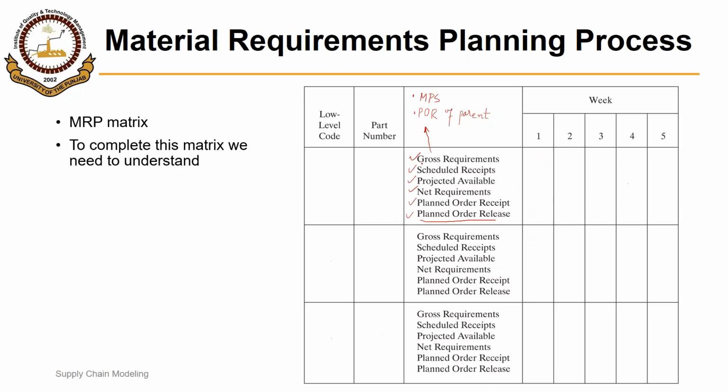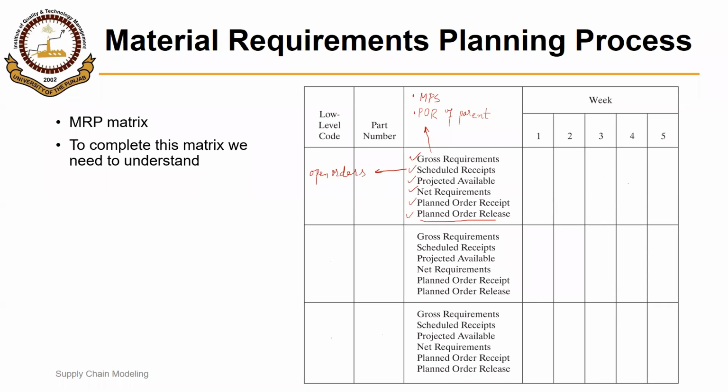Scheduled receipts are also called open orders. There are two possibilities. If the component is being manufactured by the organization itself, that is something like work in process, something being produced where some production has been completed and some remains. In the case of purchasing, it is something that has been ordered but not yet delivered.